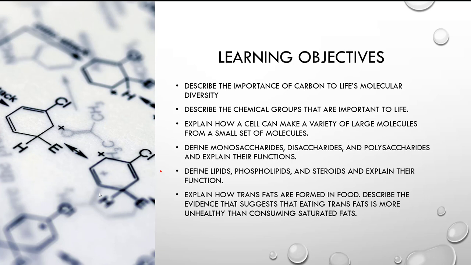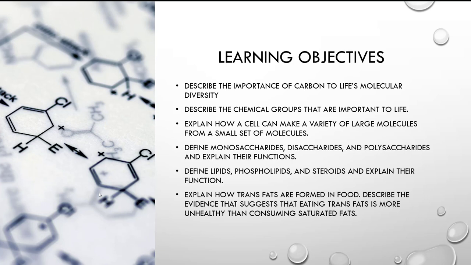And then finally, we're going to define lipids. Lipids are basically another type of macromolecule. Some examples being phospholipids and steroids, and explain their function. And then related to that, we're going to learn a little bit about trans fats and how they're formed in our food products.